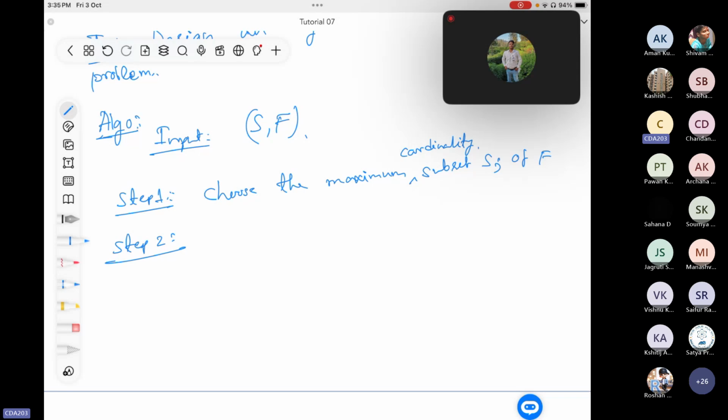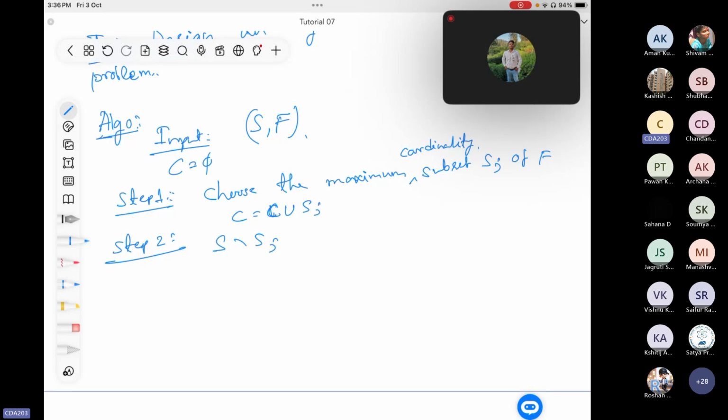So let's start with an empty set C, and we include Sj in C. Okay, we include it. So now the next step is we update S. The Sj elements are already covered, so we don't need to cover them. We have to look at the remaining elements.